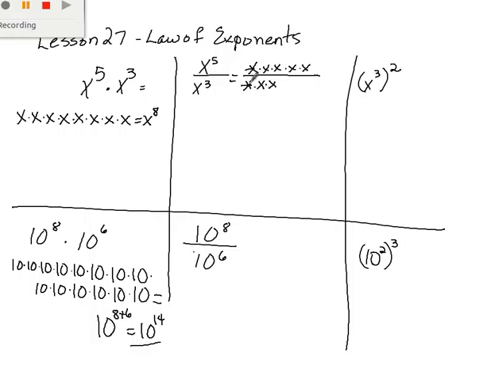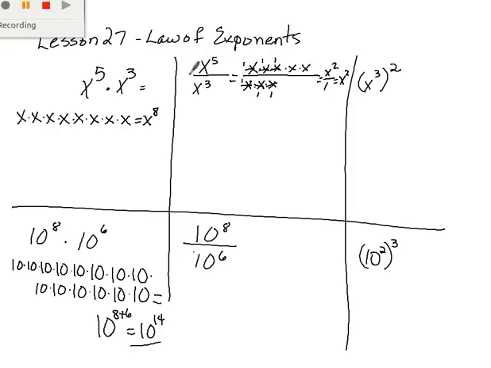So these 2 x's cancel out and equal 1. These 2 x's cancel out and equal 1. And these 2 x's cancel out and equal 1. We just have 1 left in the denominator. We have 2 x's in the numerator, and x times x equals x squared, so that would equal x squared.